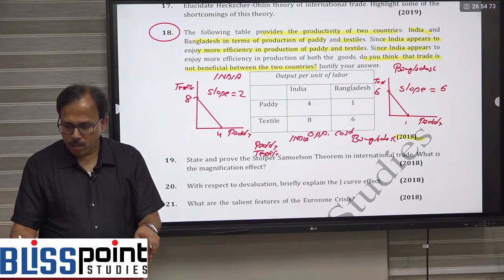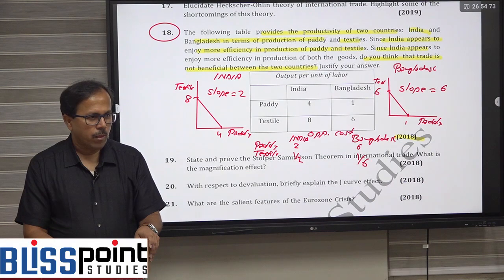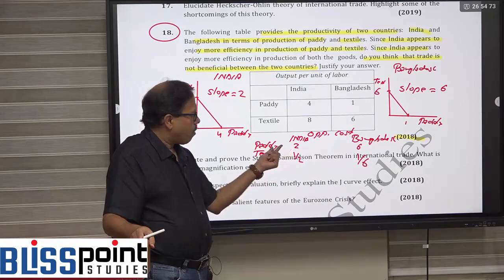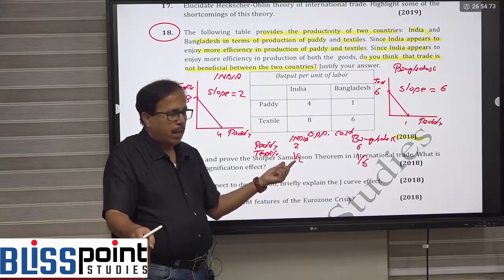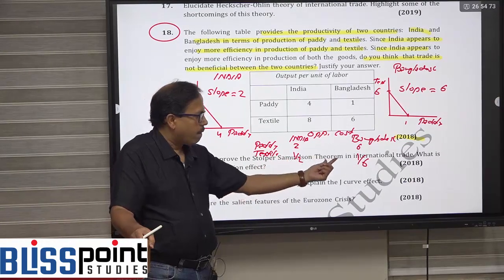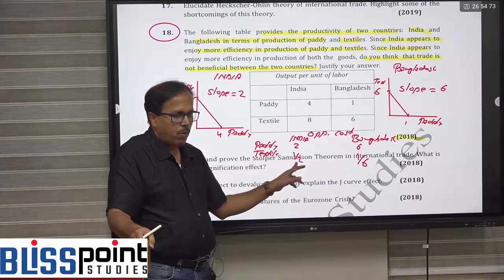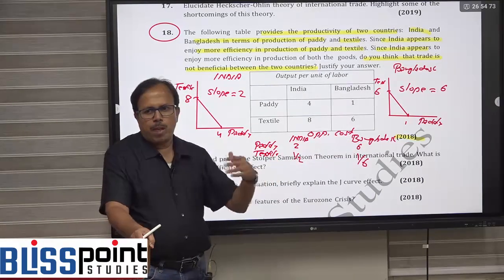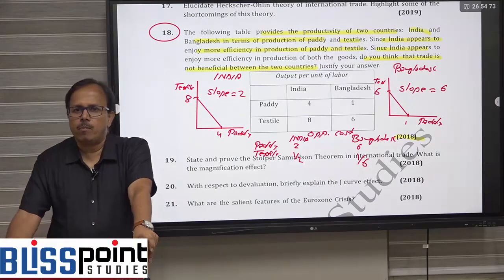So for paddy it was 2, and this is 1 by 2, this is 6 and 1 by 6. Okay? And for paddy where is opportunity cost less? For paddy opportunity cost is less in India, so India has comparative advantage in paddy. And for textile this number is less, 1 by 6 is less as compared to 1 by 2. So for textile opportunity cost is lower in which country? So Bangladesh will specialize in textile, India will specialize in paddy. They will benefit from the trade.